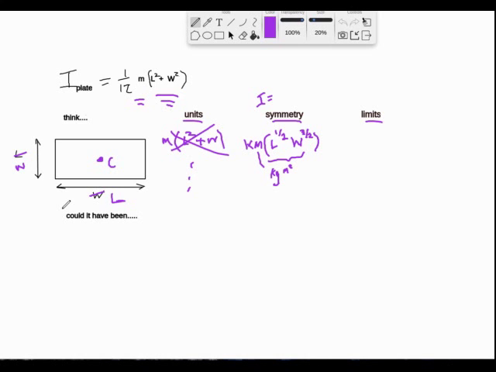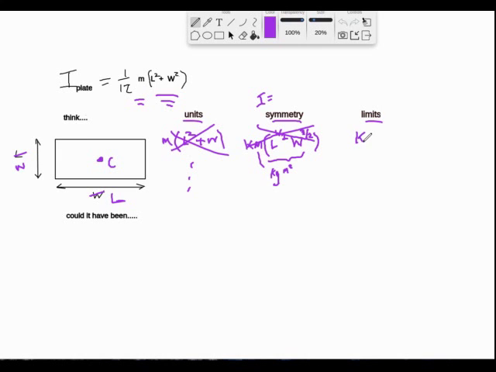Here, it shouldn't matter which of these two dimensions, length and width, is which. It should be symmetrical between those two. So anything that's not symmetrical between length and width, where the two can't be interchanged, has got to be wrong. So we could rule out something like that. Even though the units were okay, we could rule it out because it wasn't treating the length and the width the same.